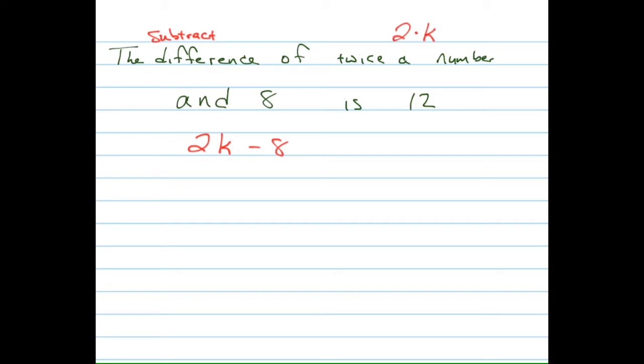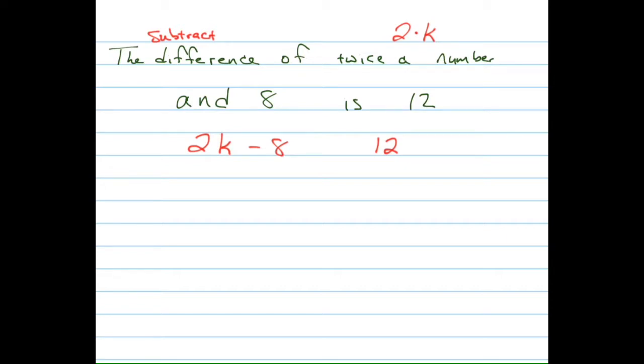Now we're comparing that to a different quantity. We're comparing it to 12. The question is, how do they compare? Which is bigger, which is smaller, or are they the same? So it says the difference of twice a number and 8 is 12.